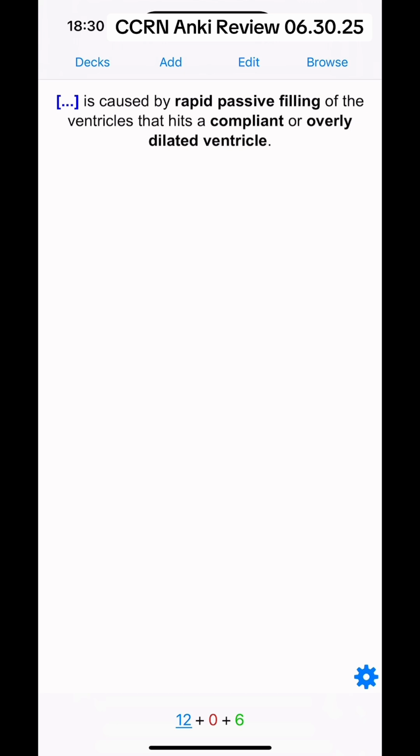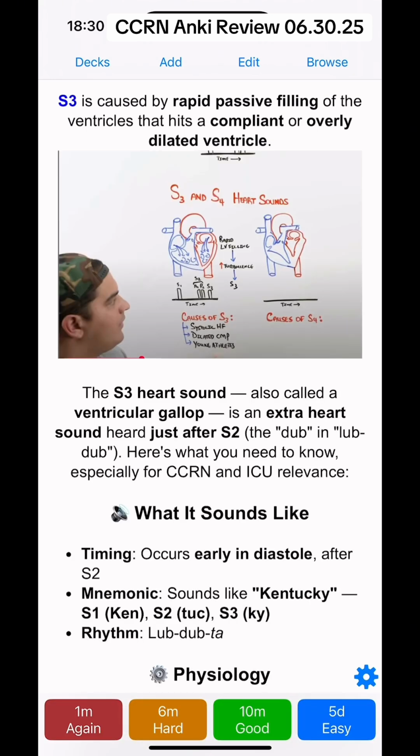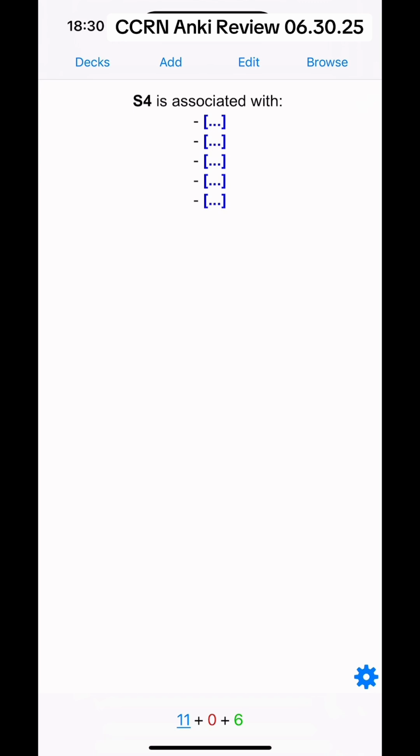S3 is caused by rapid passive filling of the ventricle hitting a compliant, dilated ventricle. S4 is associated with aortic stenosis, chronic LVH.